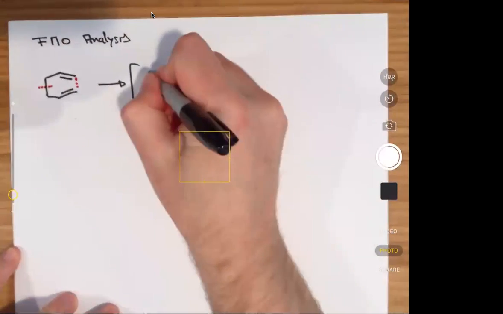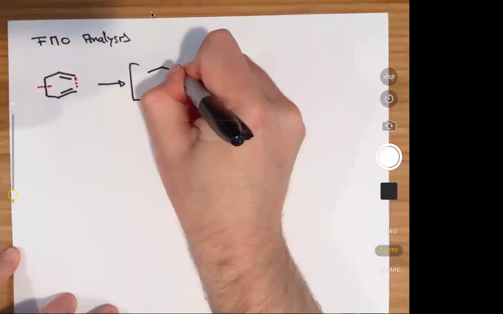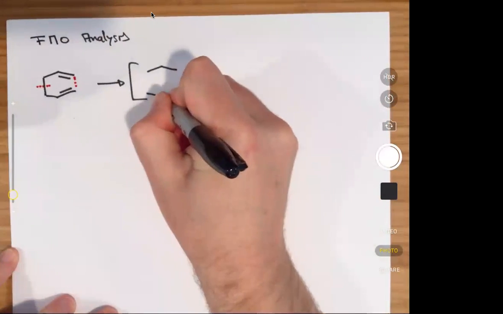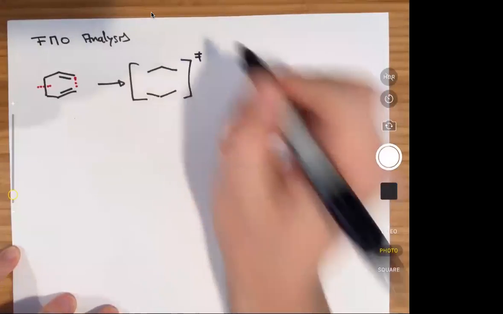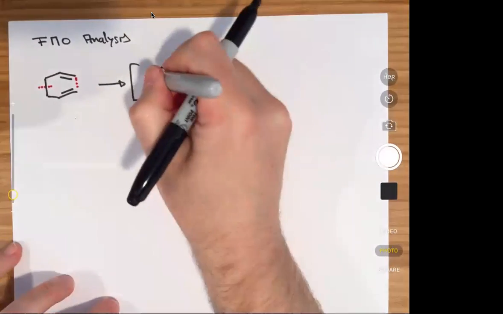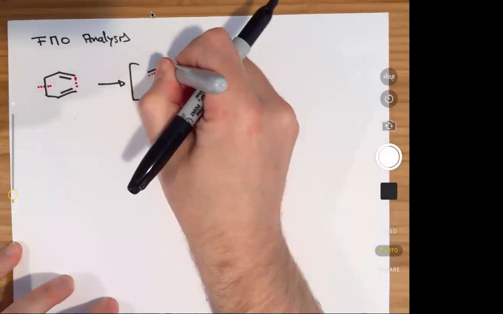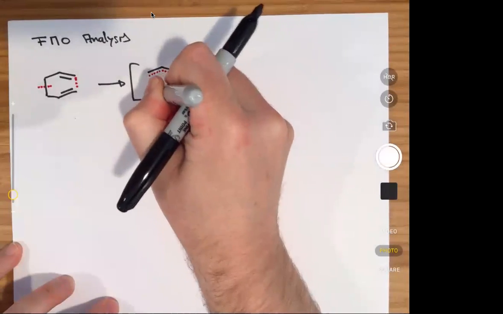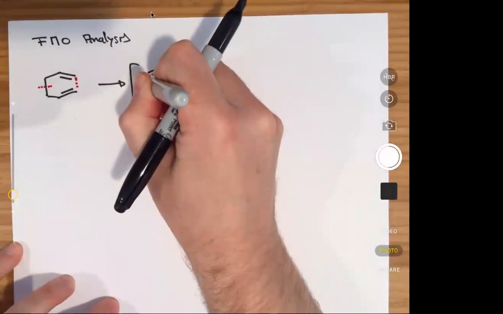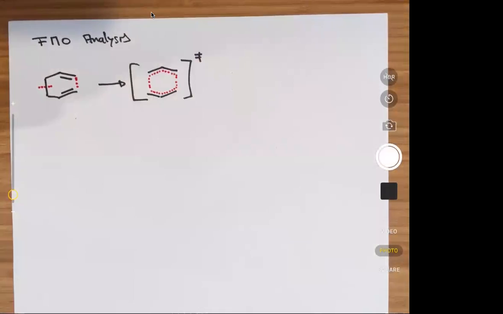So you could think about this as going through a transition state that looks a little bit like this, where you have two allyl radicals essentially weakly interacting with each other. And I'm just going to denote this essentially with these dotted lines. So this would be the delocalized pi system, and the new sigma bonds that we are forming in this case.